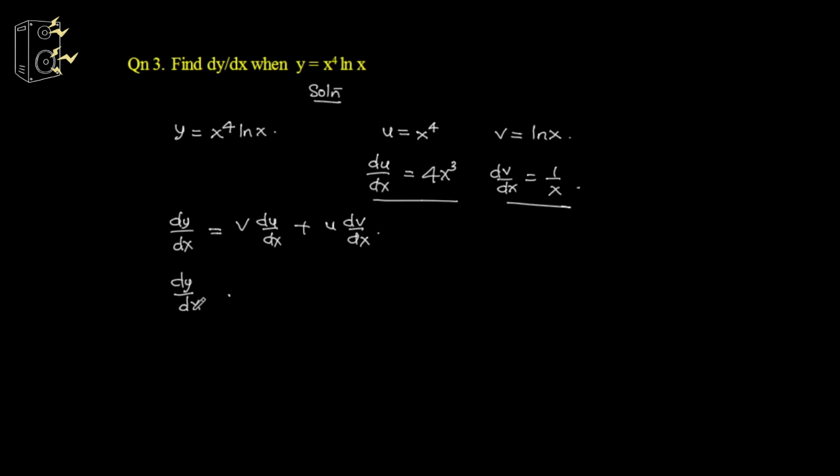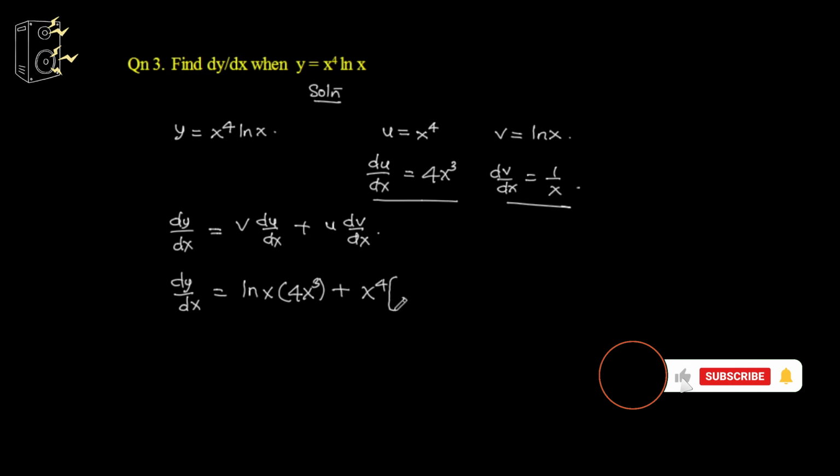So dy by dx equals, the value of v is ln x, so we have ln of x times, then du by dx is this quantity 4x cubed, and then plus our u is x to the power of 4, then we multiply by dv by dx, which is 1 over x.